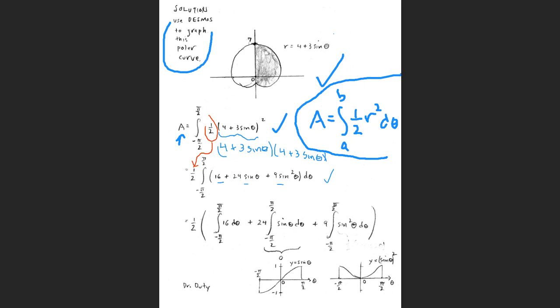And I always find it helpful. I mean, I have here the integral of a sum, but the integral of a sum is the sum of the integrals. And so it's helpful, I think, to split that integral up into 3 parts.